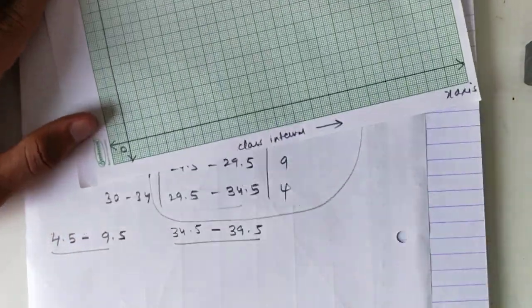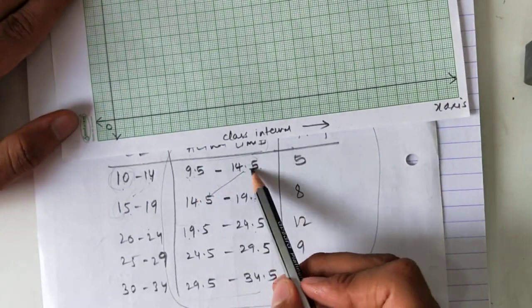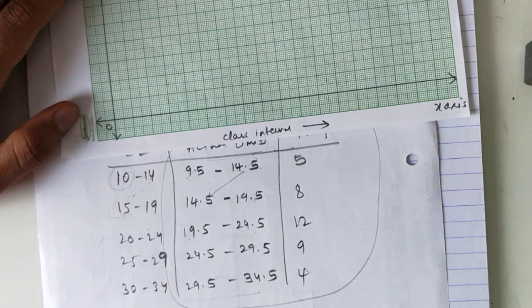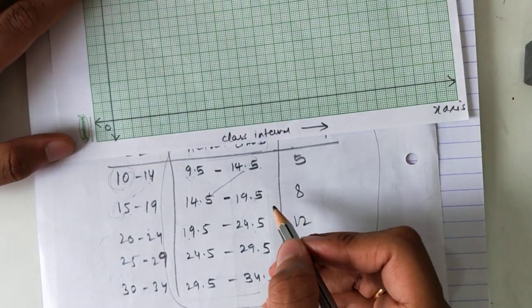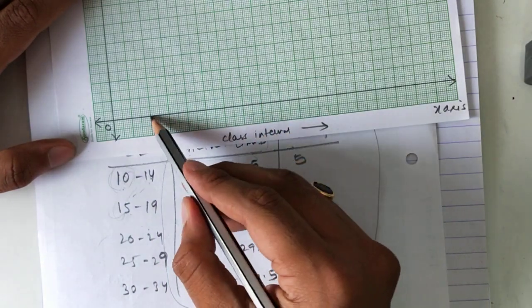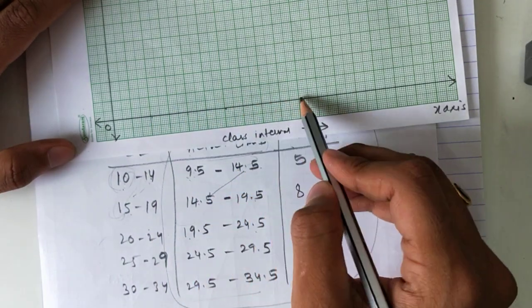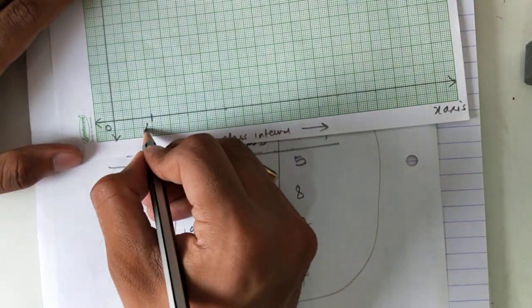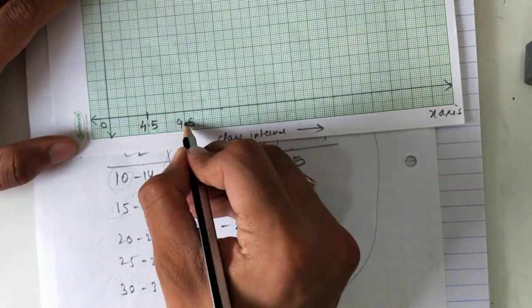Now our range starts from 9.5 to 14.5, and this is the extra one, 4.5 to 9.5. So I'll start from here, 4.5. So 0, I'll take this first one as 4.5, then 9.5.